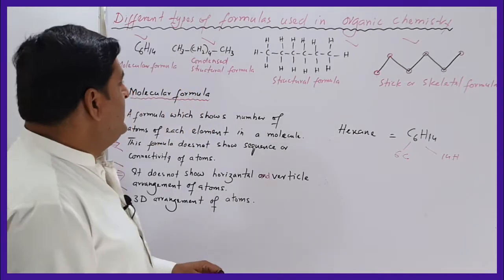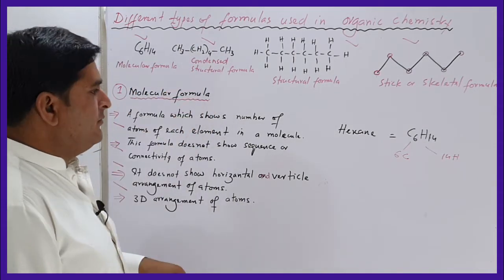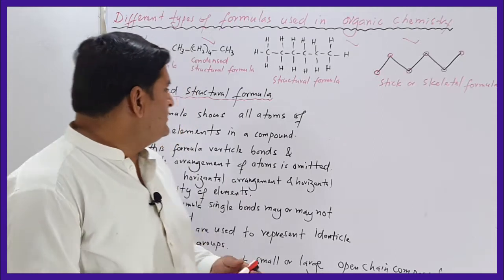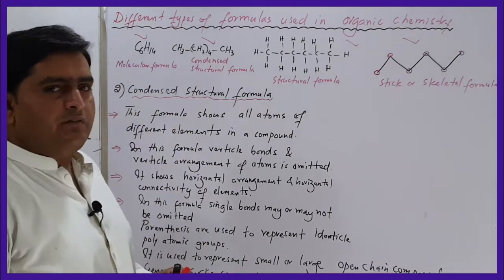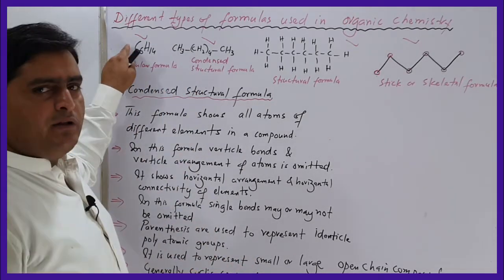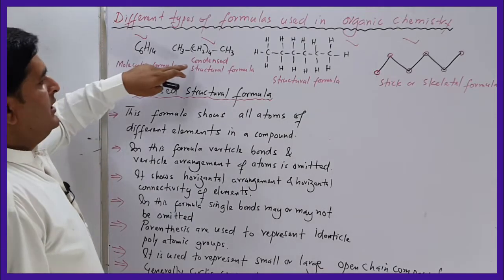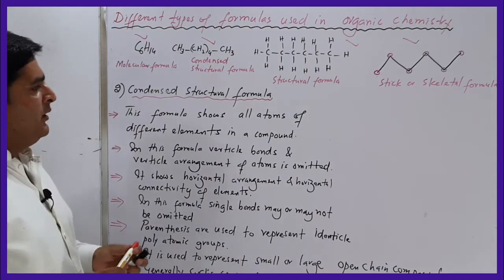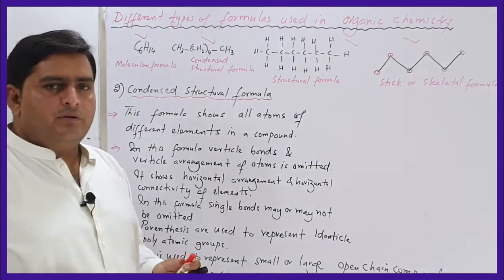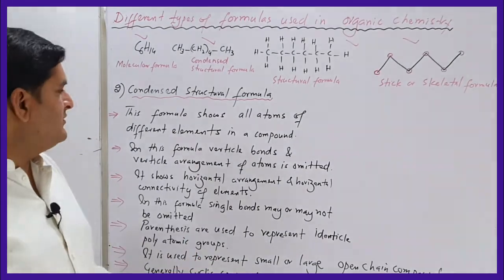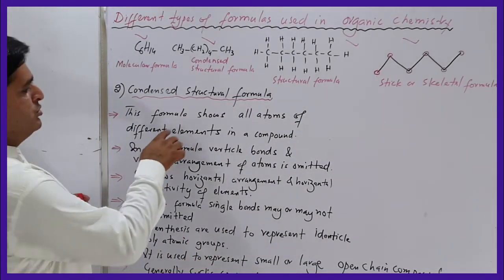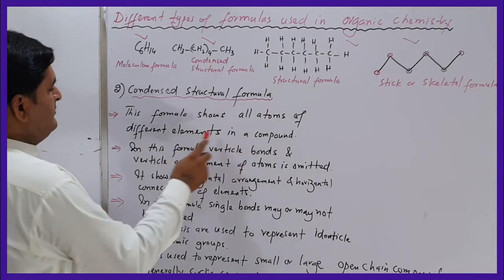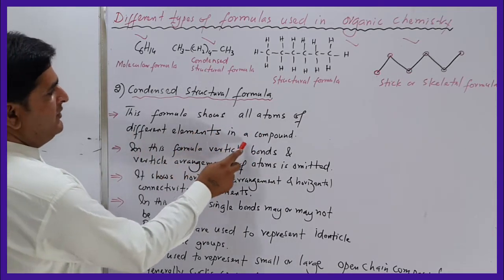Now we will explain what is condensed structural formula. Welcome back guys. The second type, after the molecular formula we did in the last part, is the condensed structural formula. What are its applications and what are its limitations? First of all, this formula shows all atoms of the different elements in a compound.